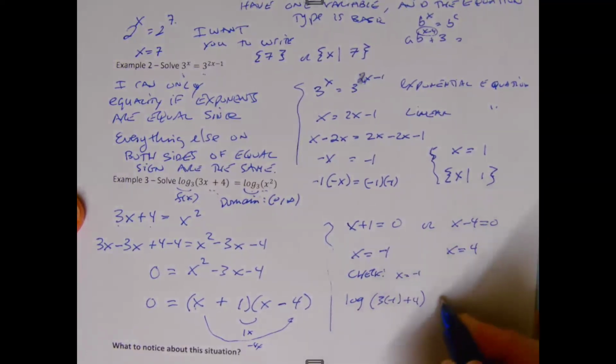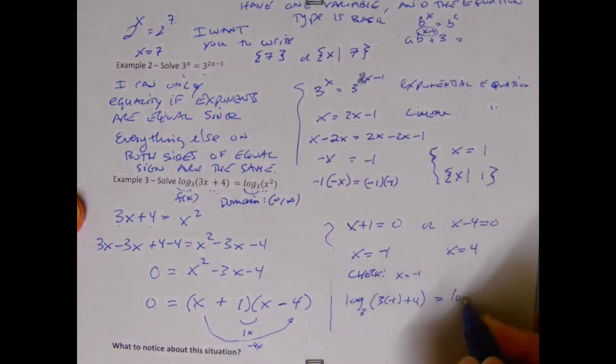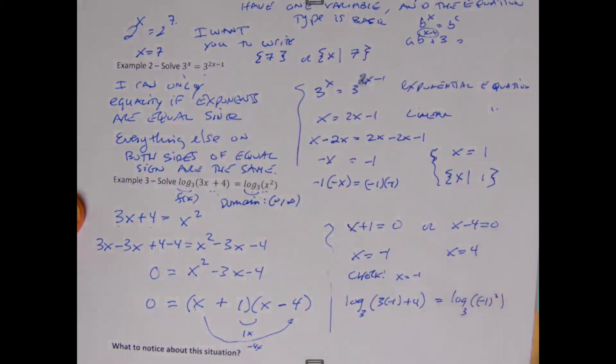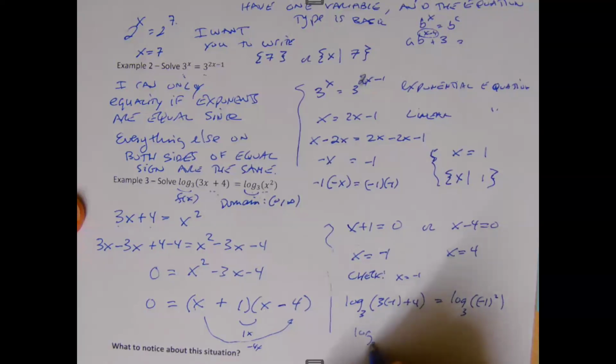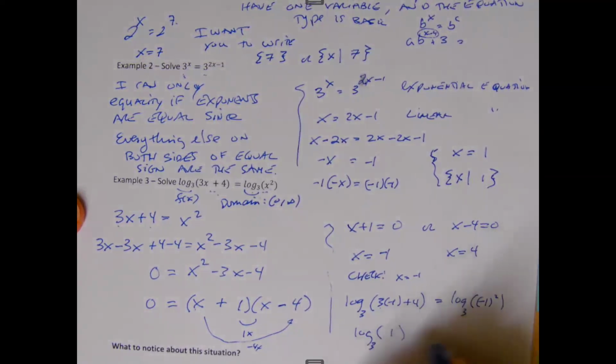So is it possible to come up with an answer here and it's not correct? And the answer is yes, it is totally possible. Meaning it doesn't work. This process doesn't guarantee an answer will be correct. So I need to check, and 3 times -1 is -3, plus 4 is a 1. And again, log of 3, 1 squared, so that checks out.